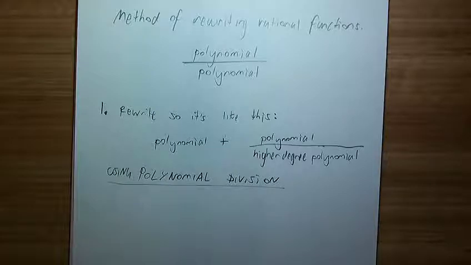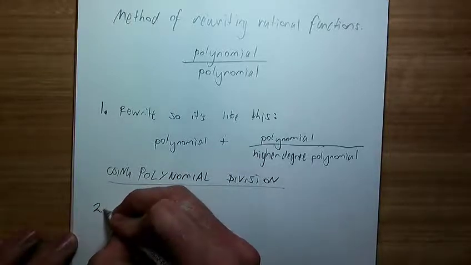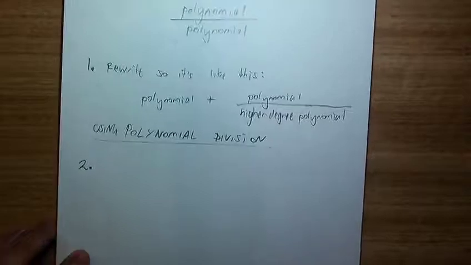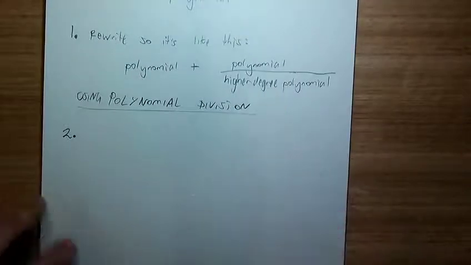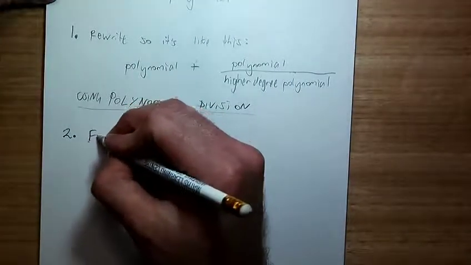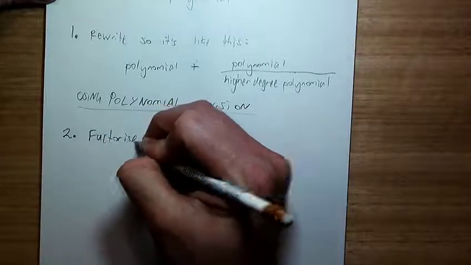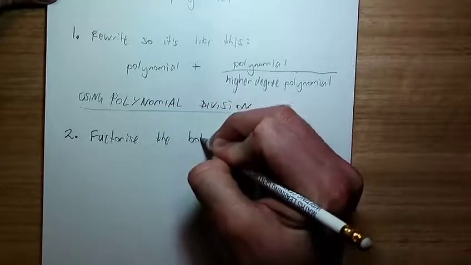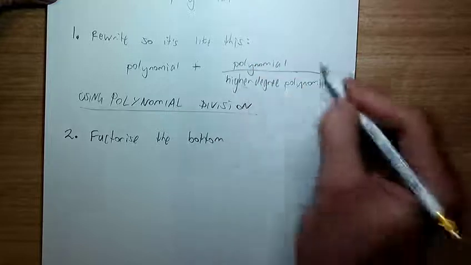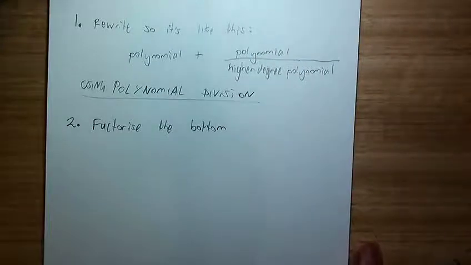The second step is to factorize the bottom of the new rational function. And the third step is to write what format you think the final partial fraction is going to be.